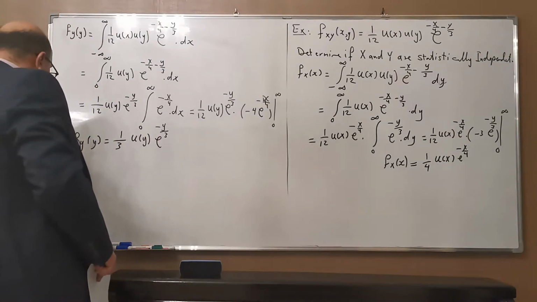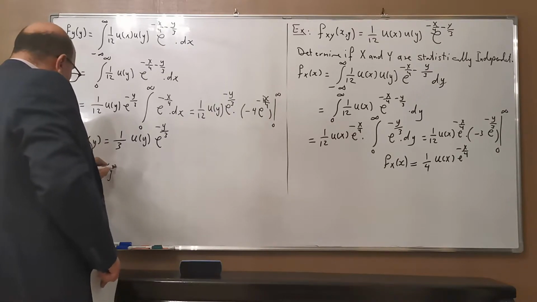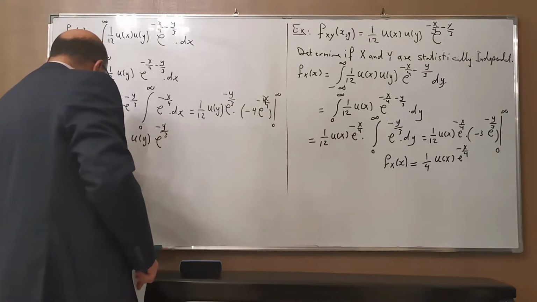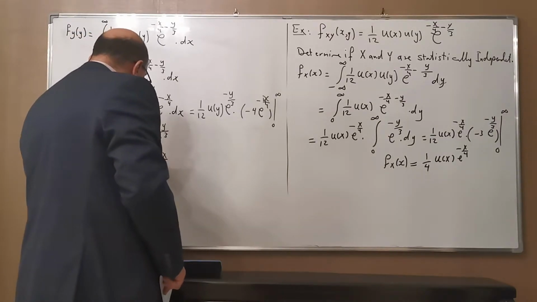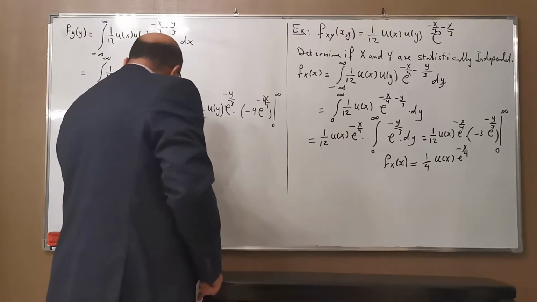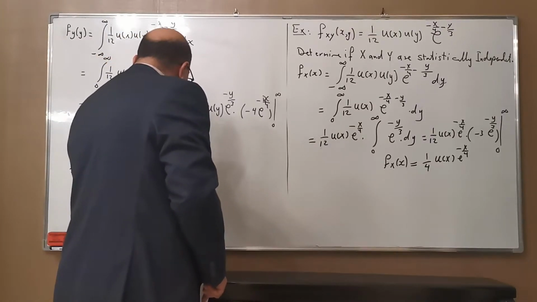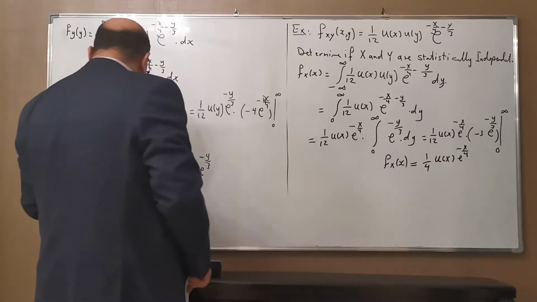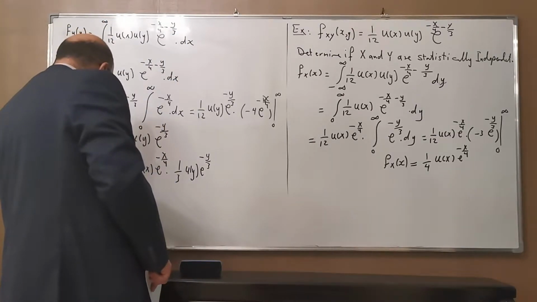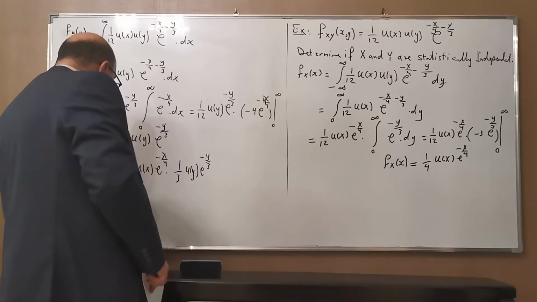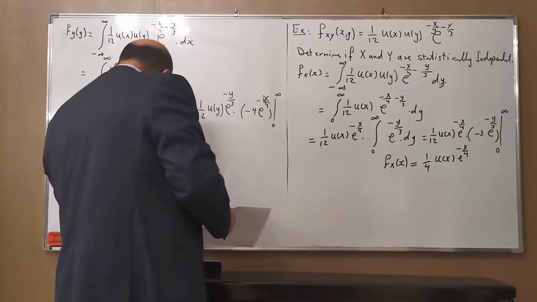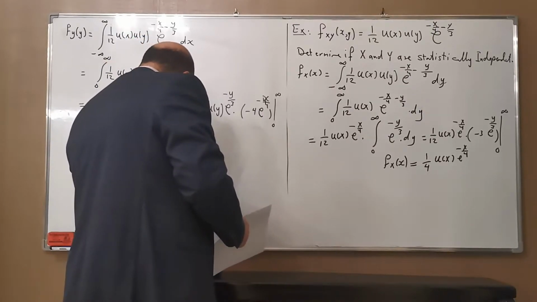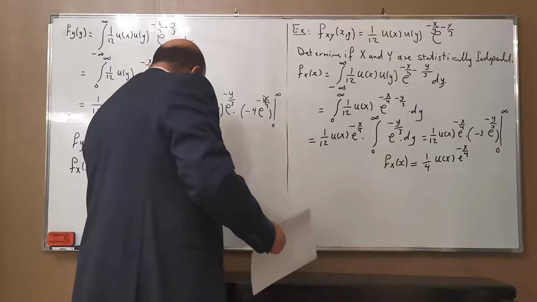If we multiply fx of x times fy of y, this equals 1/4 u of x e to the minus x over 4 times 1 over 3 u of y e to the minus y over 3, and this equals fxy of x and y. This means that x and y are statistically independent.